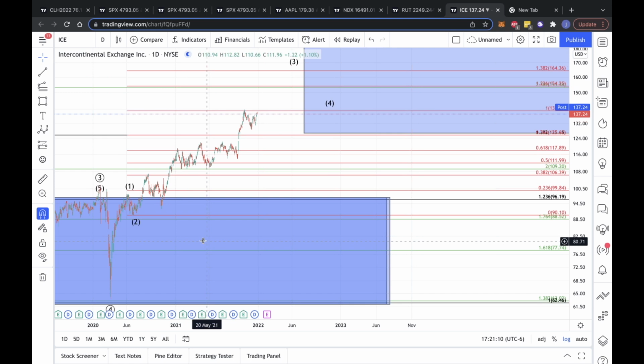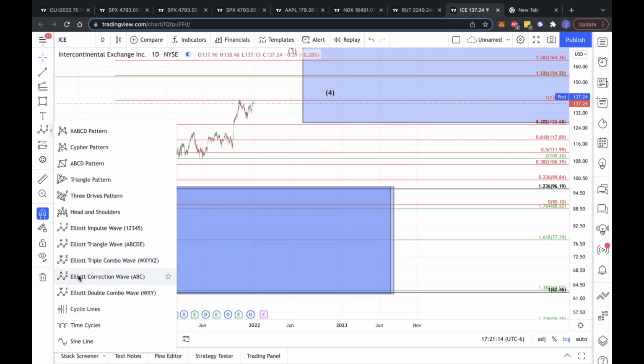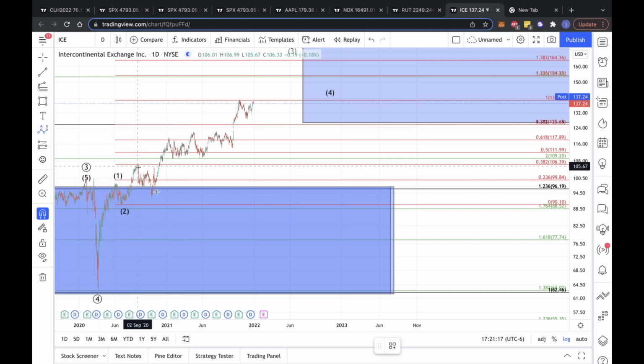And it's possible here that we're taking shape as a diagonal. I want to note that possibility here where we have our 1, 2, and then this looks like 3 waves up here into the 0.618.